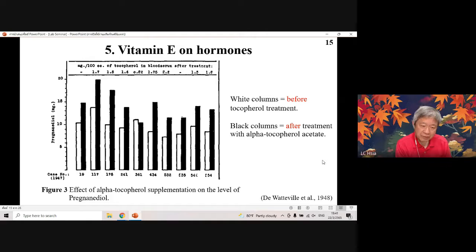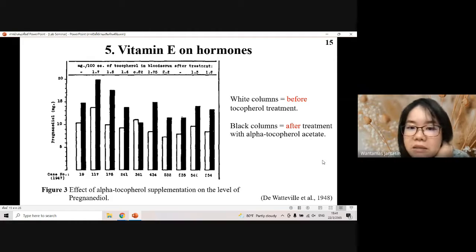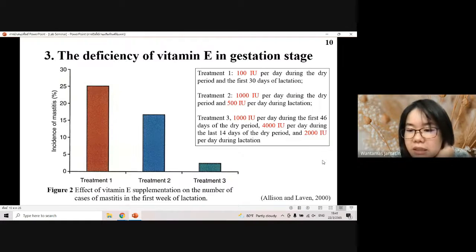Do you have more, Net? Because I compare with slide 10 in dairy cow, even they use like 10, 100, 100, right? And that case also wants to reduce mastitis in dairy cows.